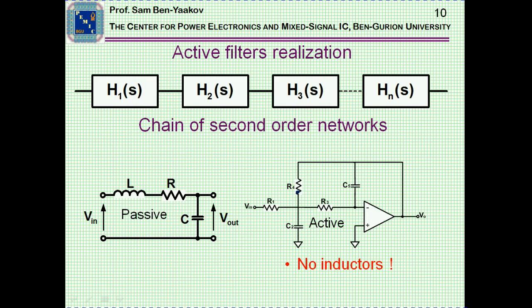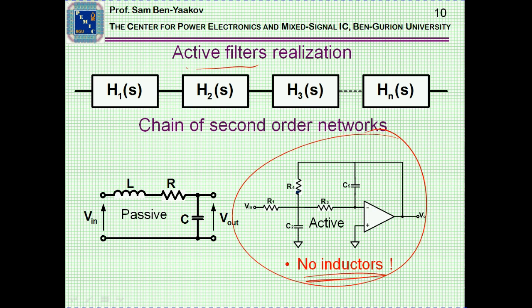Now, what's the difference between active filters and passive filters? The difference is that an active filter is built around an operational amplifier, and the very important feature of it is that it has no inductors. This is the main feature of active filters. Now, with the operational amplifier and some passive R and C elements, we can emulate a second order transfer function.